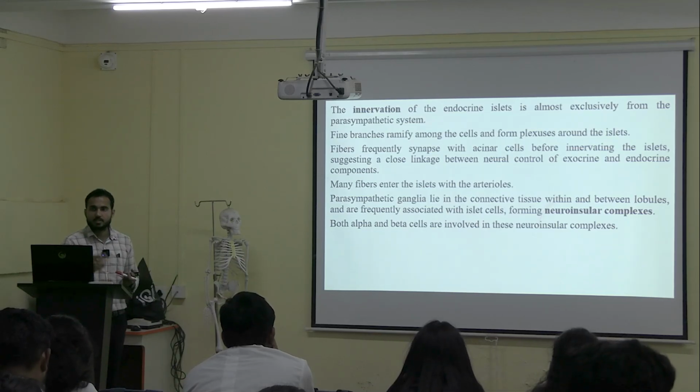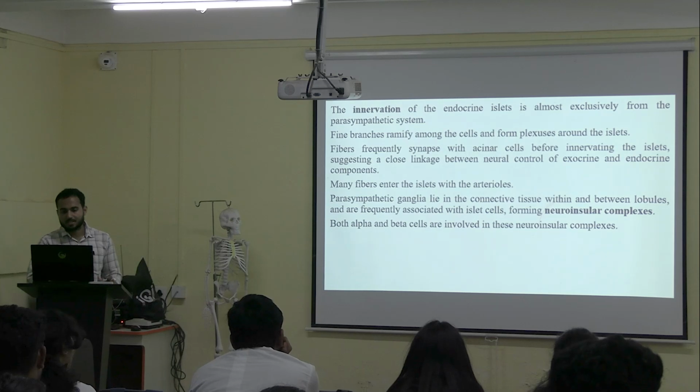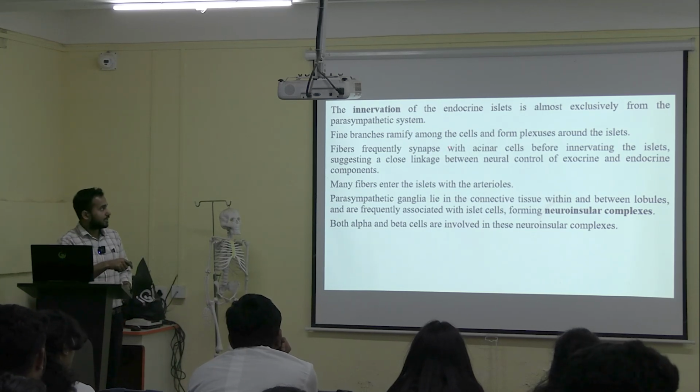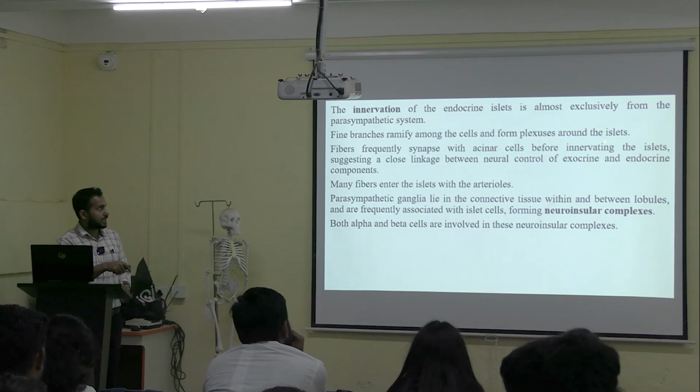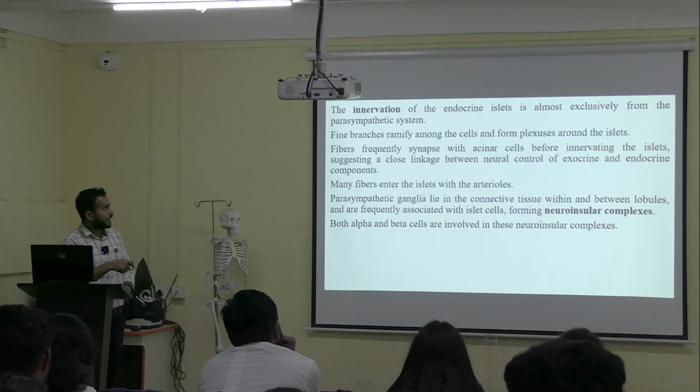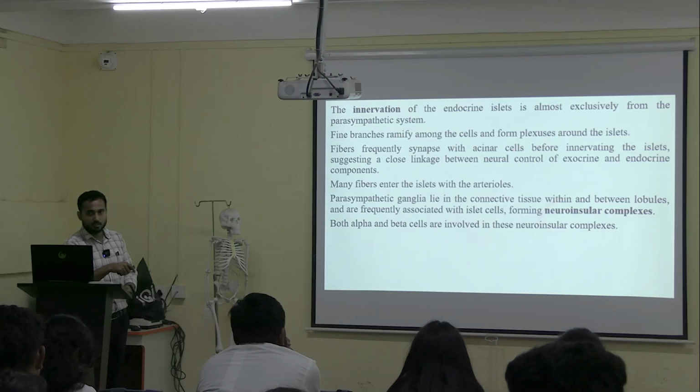That means the parasympathetic system is controlling the secretion mostly. Fine branches will first ramify to form plexuses around the islets. Then first of all, the fibers will synapse with the acinar cells, then with the cells of the endocrine part.